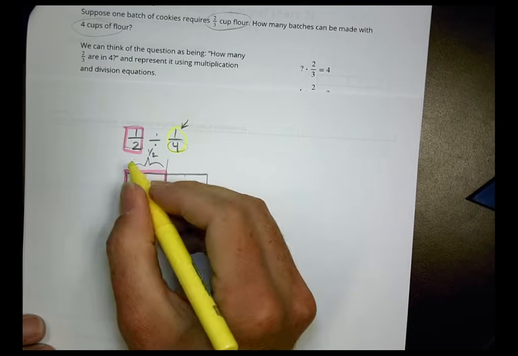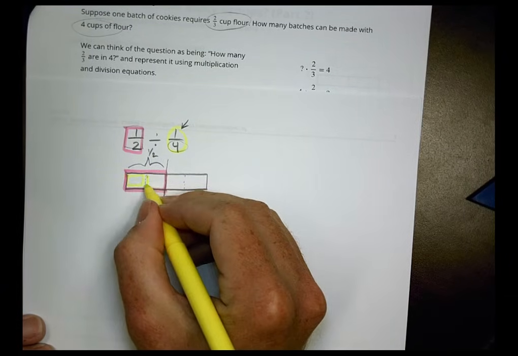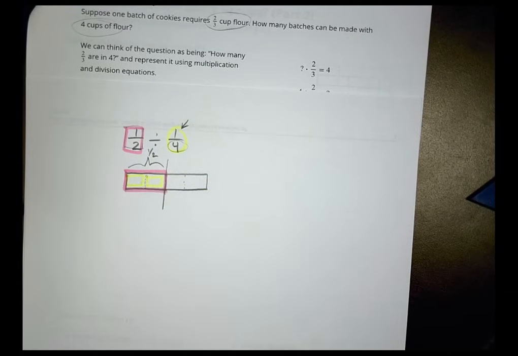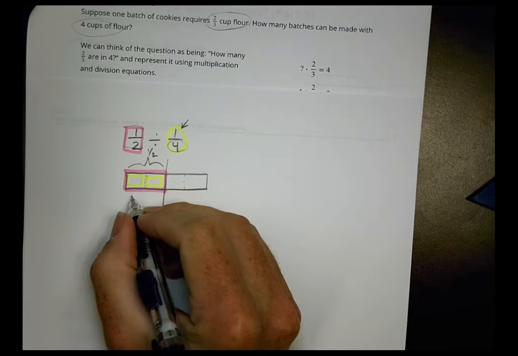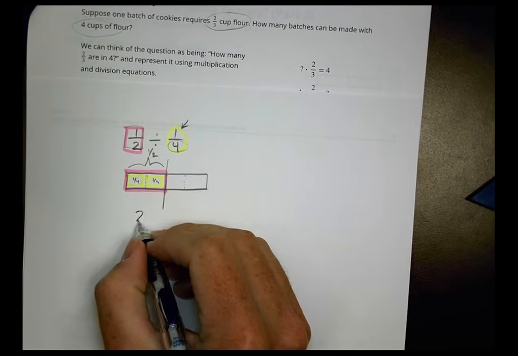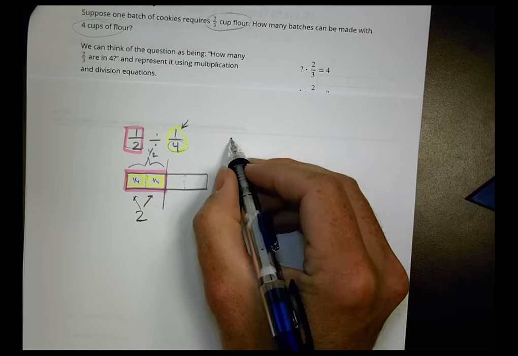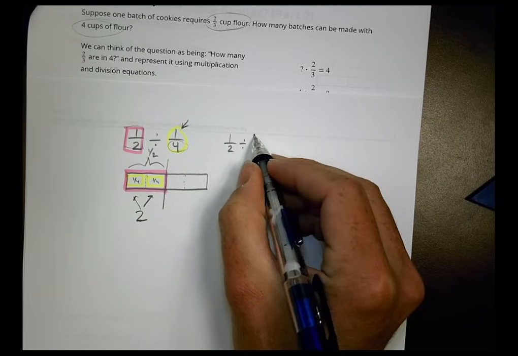Well, we've already established that this is a fourth and this is a fourth. So we would say that we have 2 inside of there, right? We have 1 there and 1 there. So 1/2 divided by 1/4 equals 2.